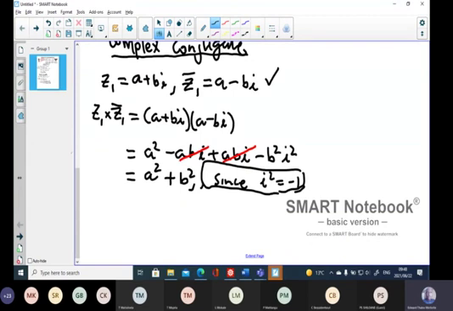Now I think we are ready for the next section, division. Division of complex numbers.